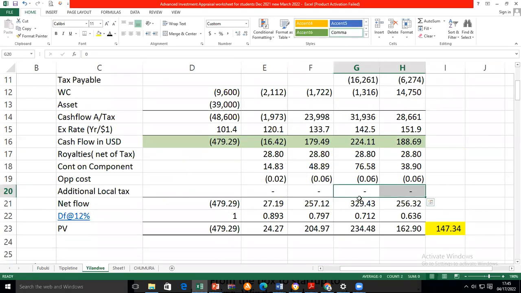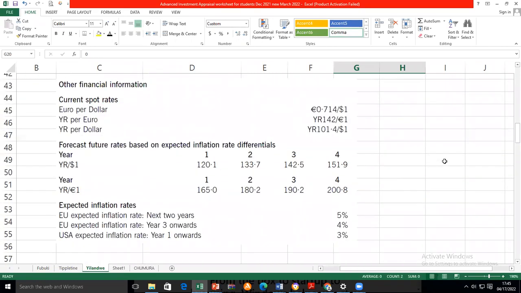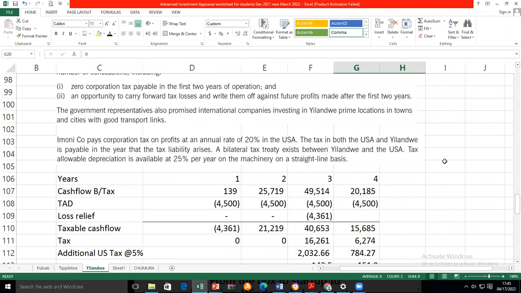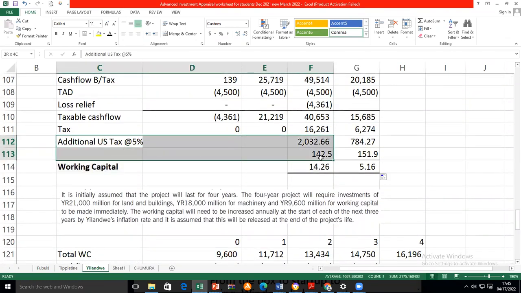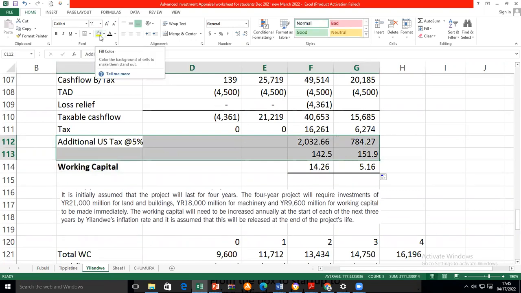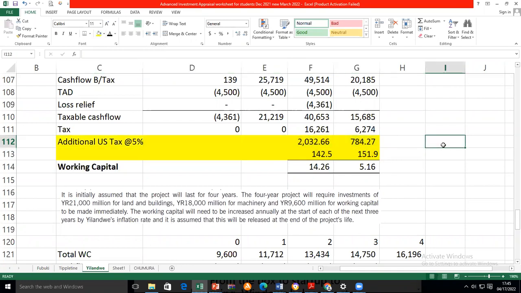Okay, I just want to see that part, Mr. P, the same part here. So this is what you would have done. You would have included this portion here. And then finally we multiply. So you take 5% of each one of these, then you divide by the exchange rates.